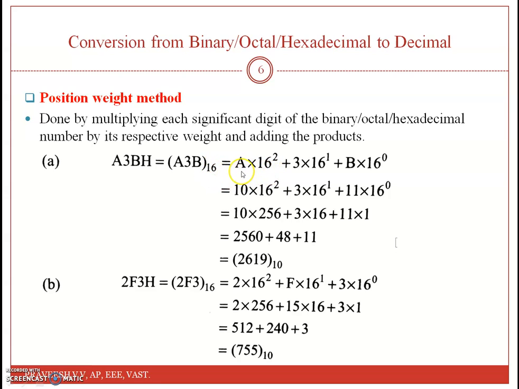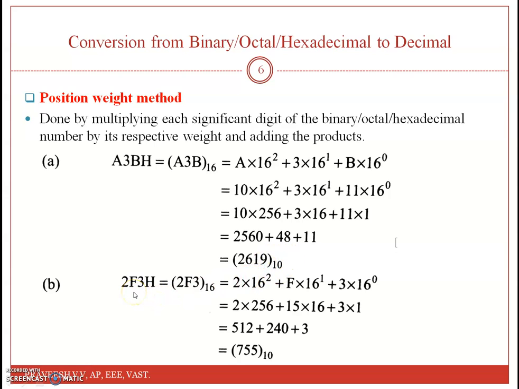That is shown here: A into 16 raised to 2, plus 3 into 16 raised to 1, plus B into 16 raised to 0. Once you multiply and add them all, you get 2619 in decimal.